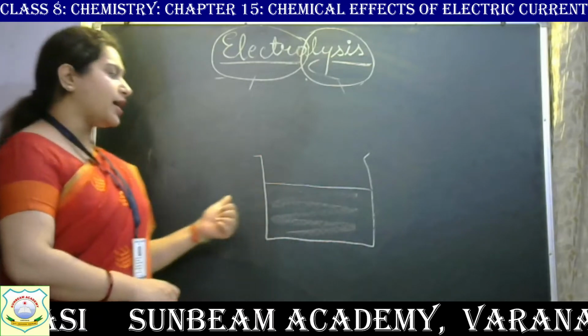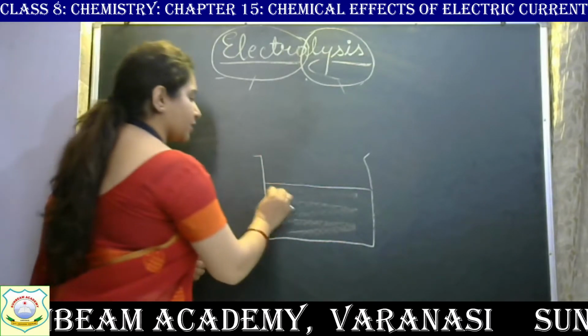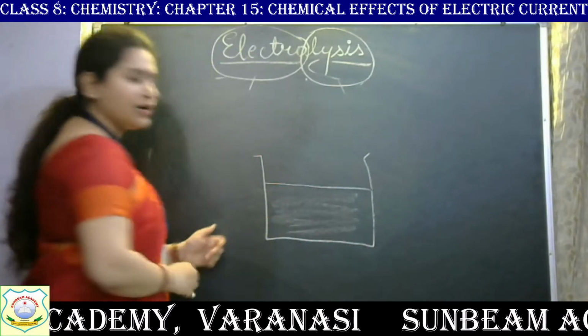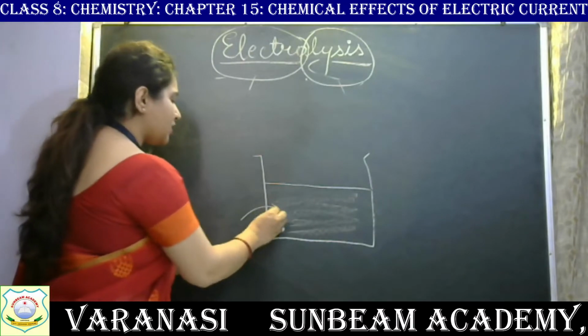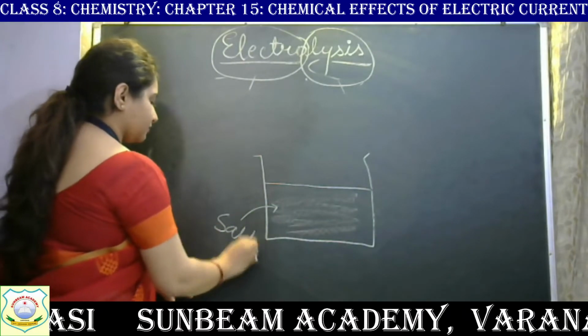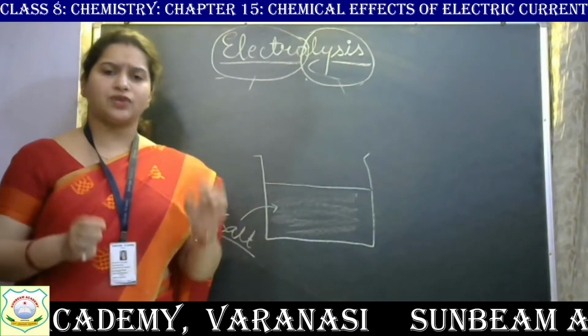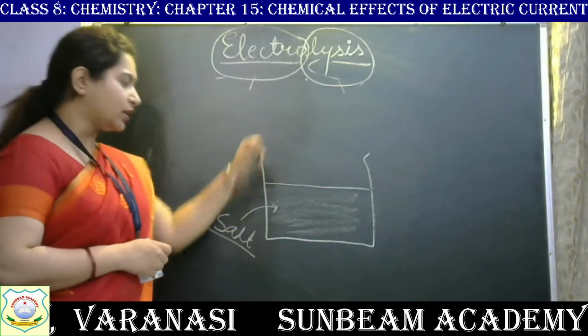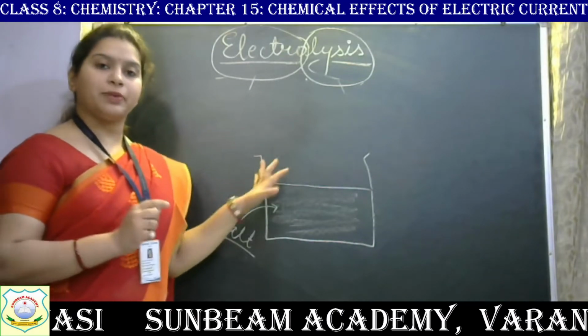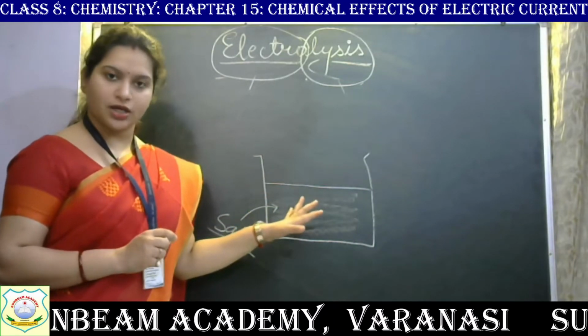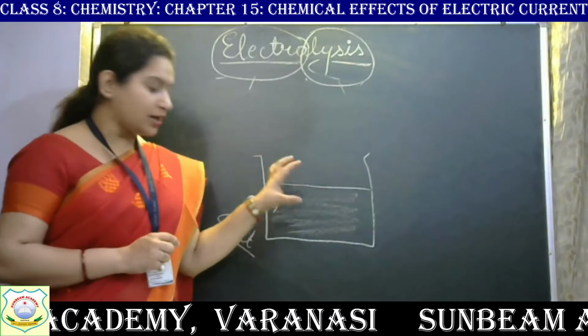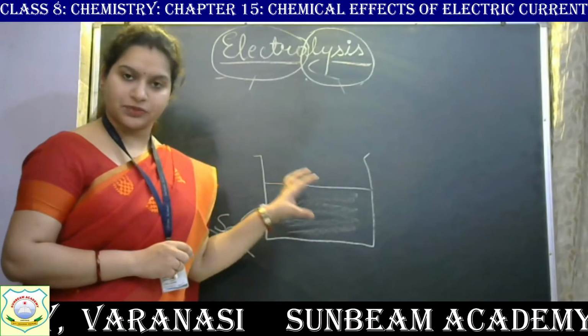We are going to add a pinch of salt to it. We will not add salt in a very large amount. We will add just a pinch of salt in this water so that it becomes a conductor. ठीक है? अब ये पानी कैसा हो गया? It becomes a conductor. Okay.